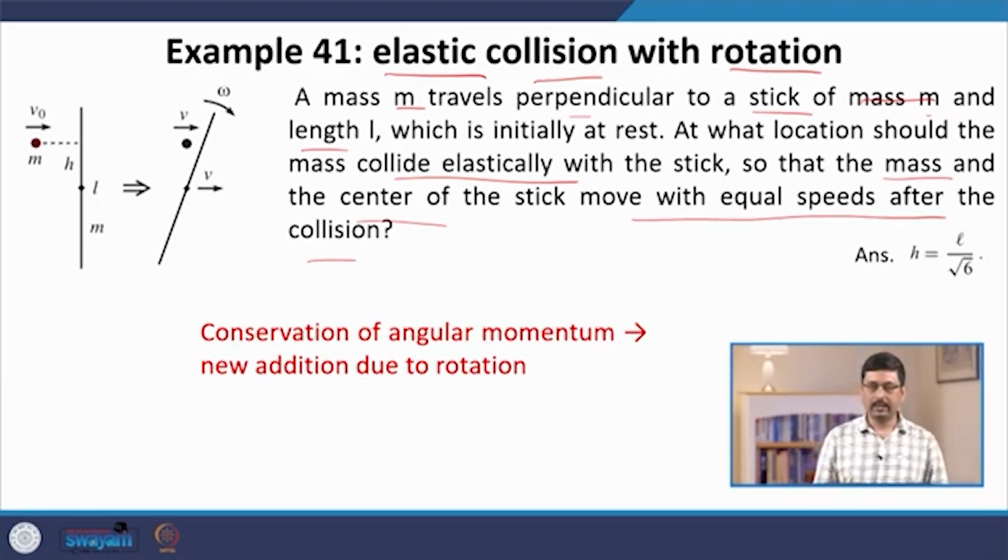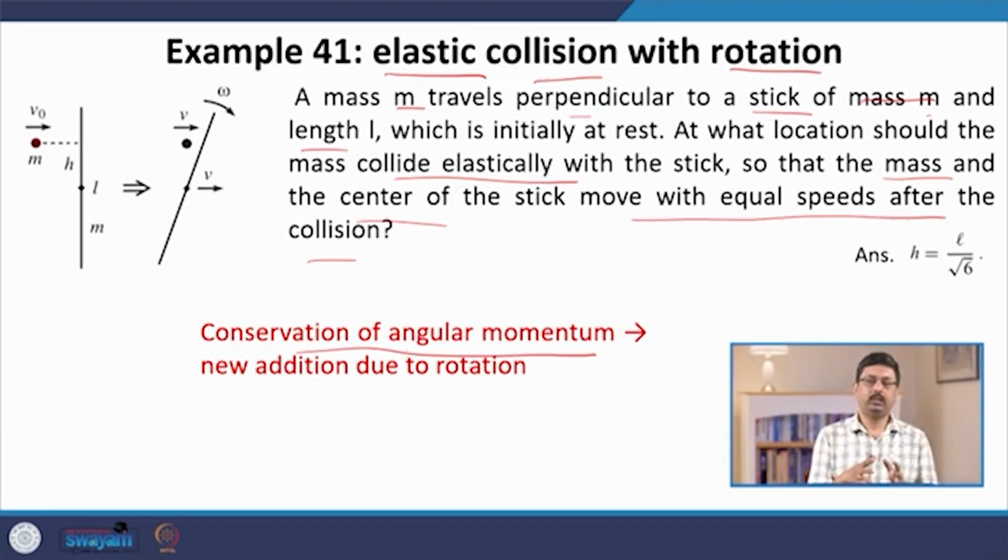The new thing in this analysis, as we see, is that now we need to also consider the conservation of angular momentum, because we have the effect of rotation. So, let us understand what is the motion we are trying to analyze here.